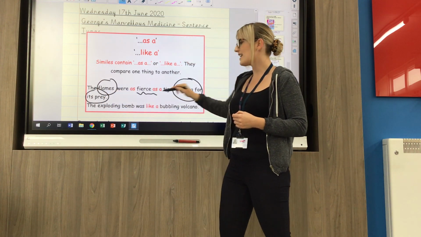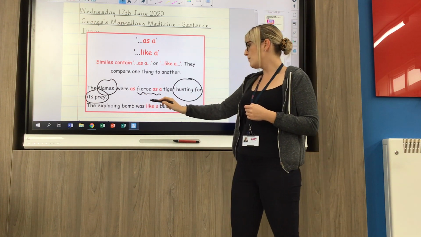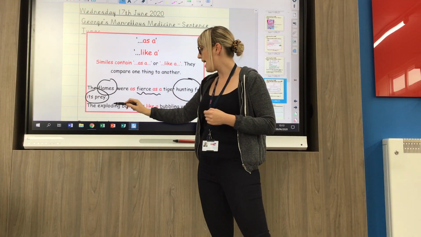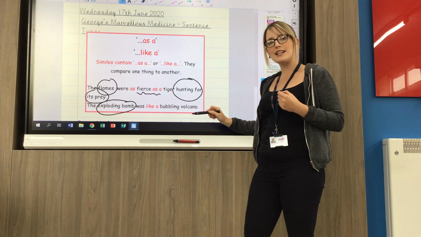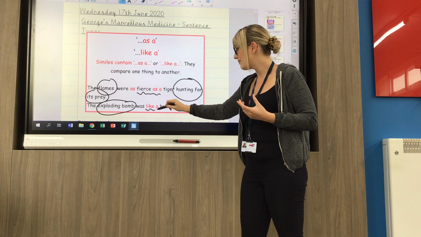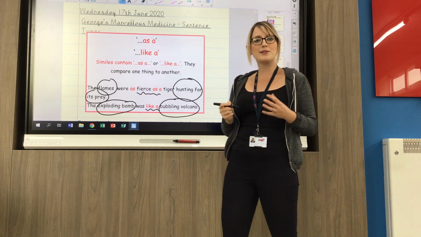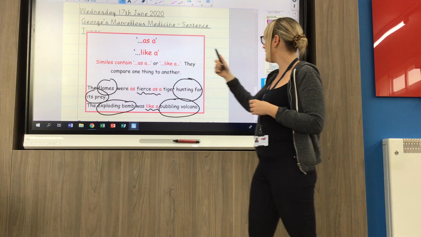See, it says fierce as. The exploding bomb was like a bubbling volcano. So we're comparing the exploding bomb and saying it's like a bubbling volcano. You're comparing something to another using as a or like a.